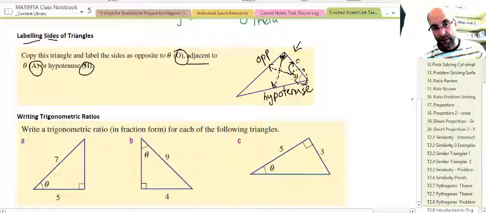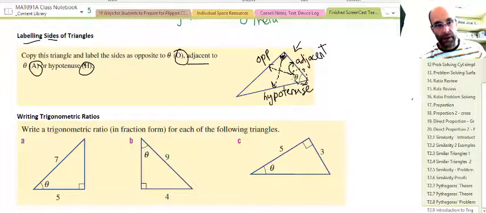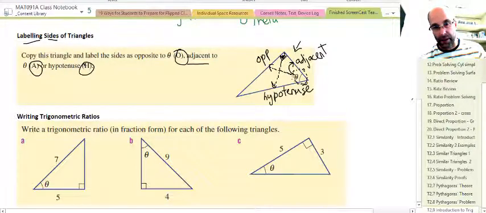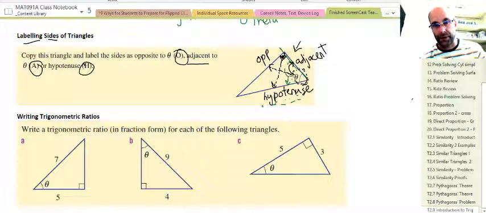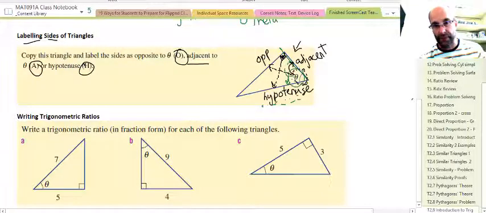The next to it side is the adjacent. Adjacent is a word that means next to. You might think, well, hold on there, there's another one next to the angle, there's this one. Well, that one's already taken, it's got a name, it's called the hypotenuse. So that only leaves this one here called the adjacent. So it's important to be able to label the sides of a right angle triangle. Remember, you start at the given angle.